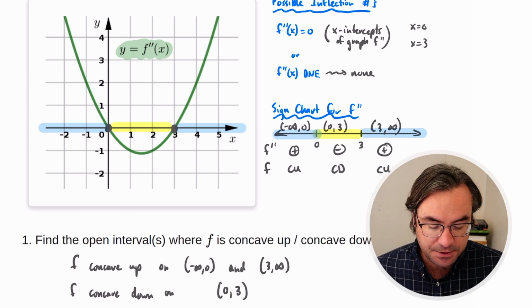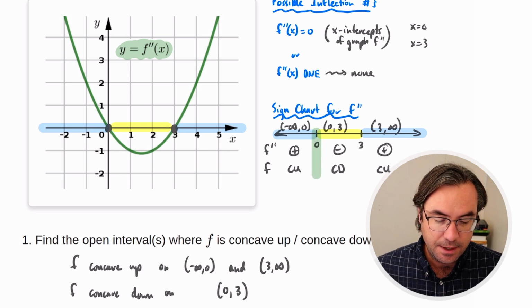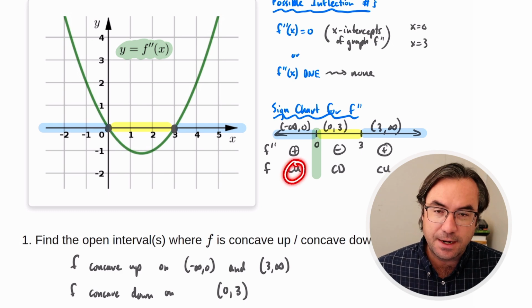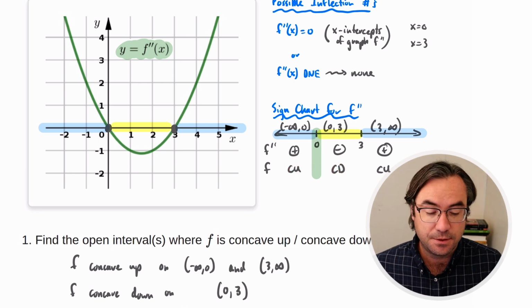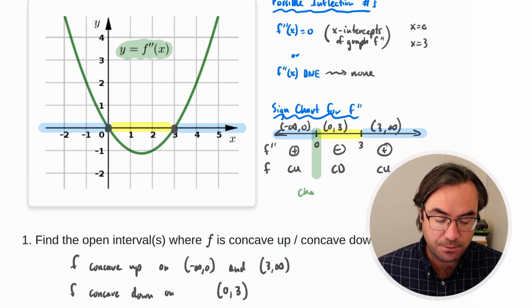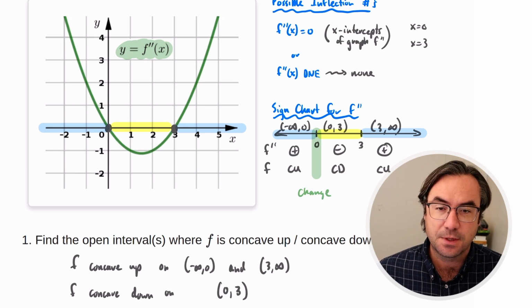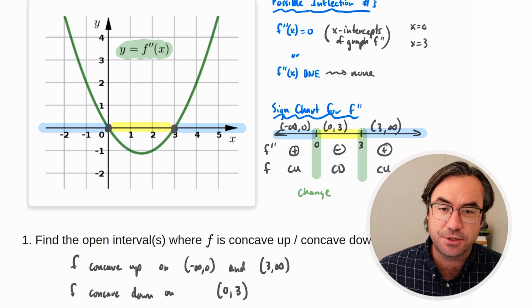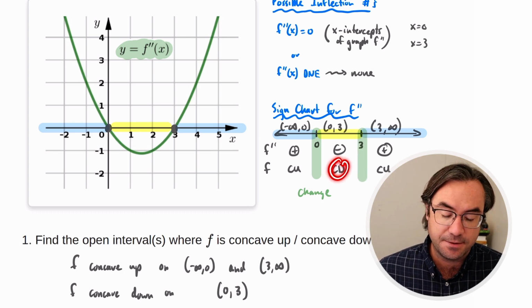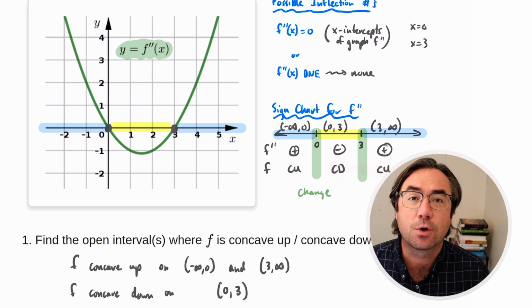So we look at x equals 0, and what do we see? Well, we go from concave up on one side to concave down on the other side. So there is a change. So that means we are going to have an inflection point at x equals 0. And then we do the same thing for x equals 3, and we see also there's a change there. We go from concave down on one side, and then on the other side, we're concave up.